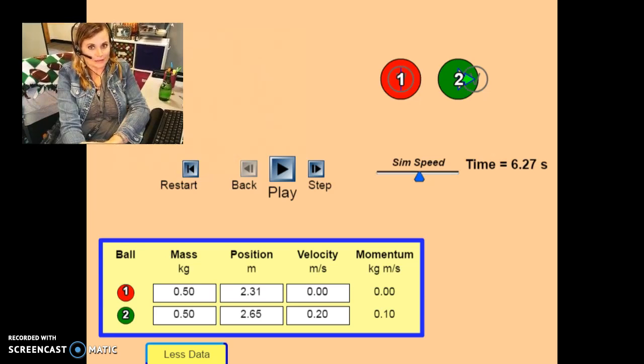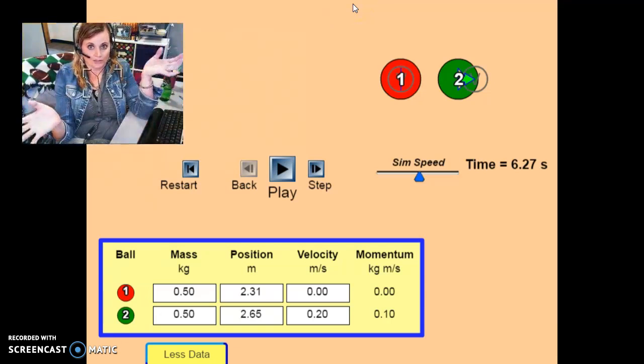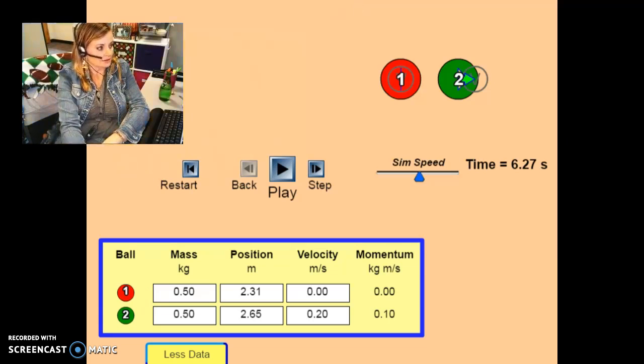So you have to find the momentum of the individual balls before and the individual ones after, but make sure you sum them together because conservation of momentum deals with the conservation of total momentum before and after, not the conservation of momentum of the individual objects within the system. So we're looking at the whole system, not just individual objects.